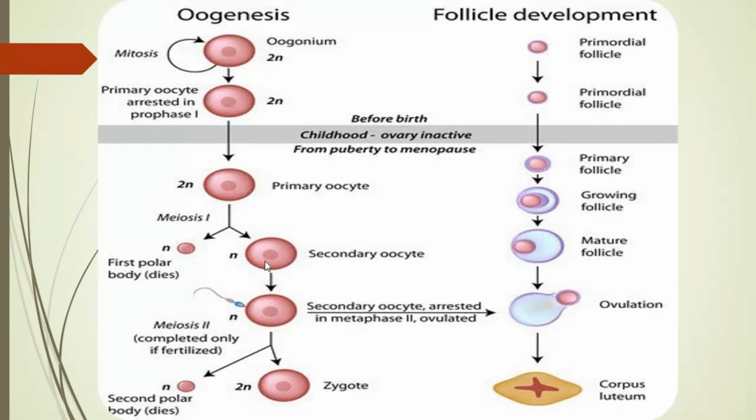This secondary oocyte that develops is a haploid cell, and this is what is going to get fertilized. So that is the process of oogenesis. It's very simple and straightforward.